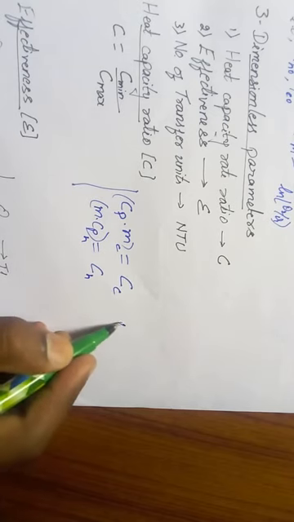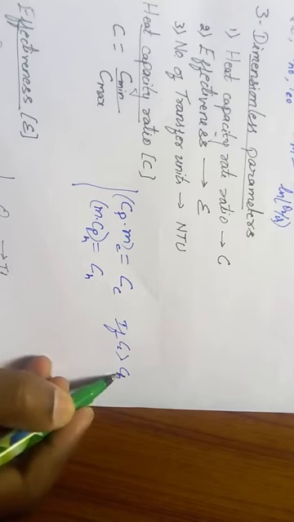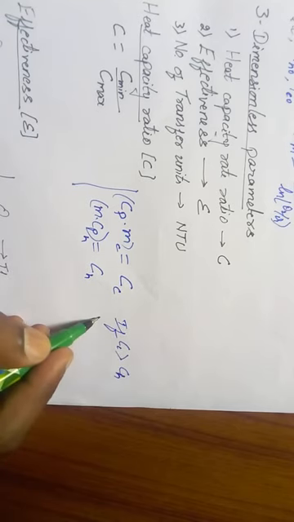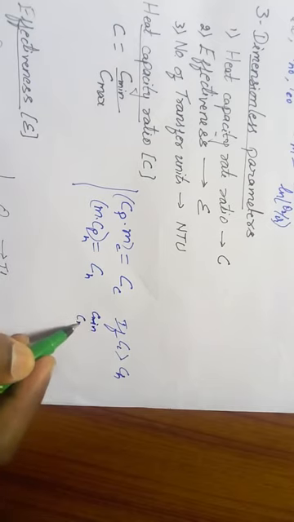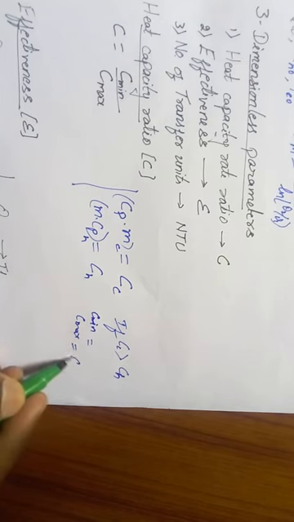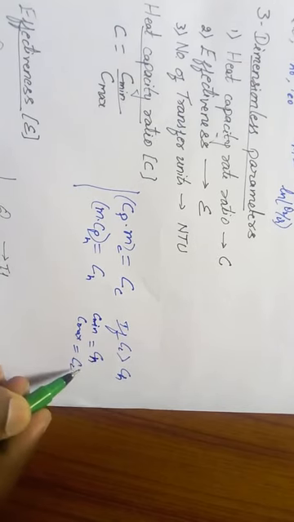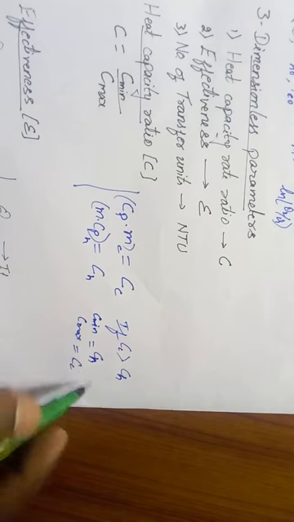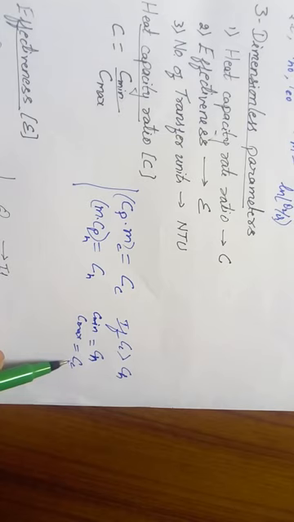For example, if Cc is greater than Ch, then this is maximum and this is minimum, so C min by C max is Ch by Cc.